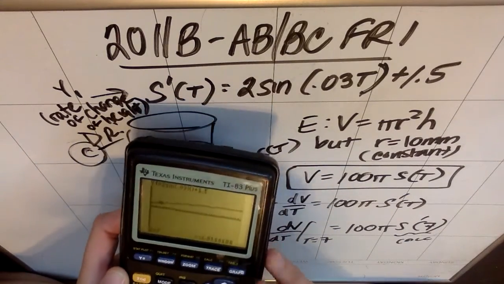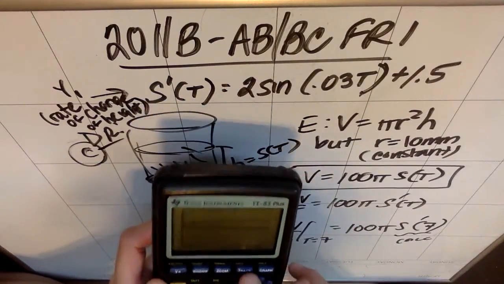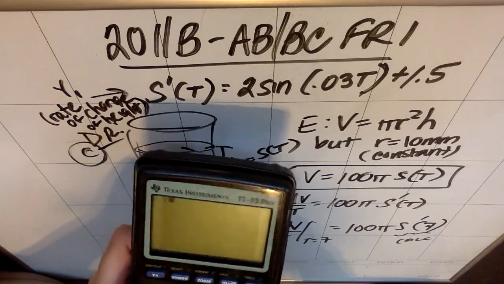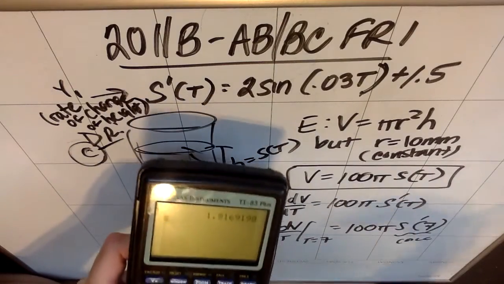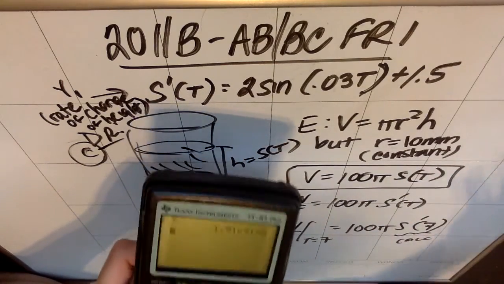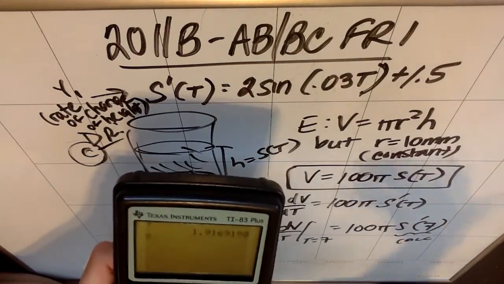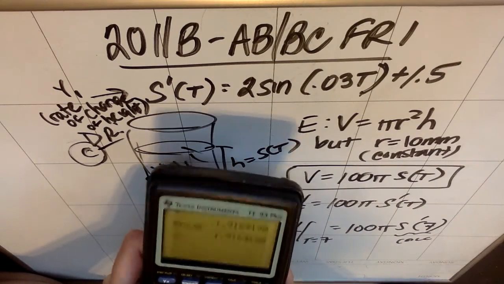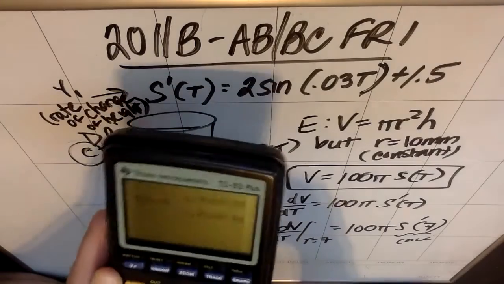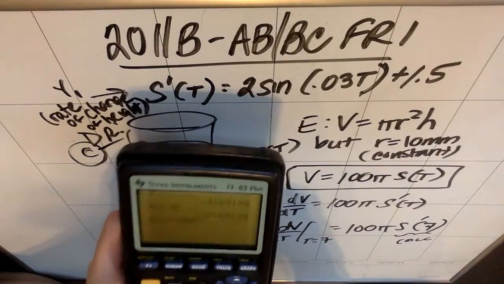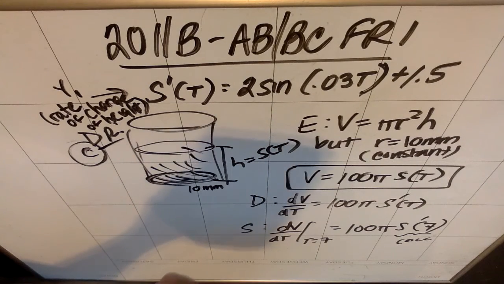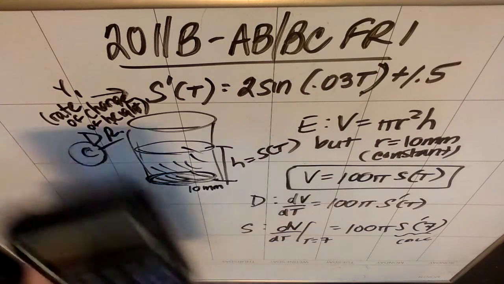So I can do a couple things. I can either just use y, because if you note, that's like a 1.91, etc., right? If I just hit alpha y when I quit out of there, you'll see that it's that number. So since I only need it for this one instance, I could just use y. Or if you're afraid that you're going to need it later and you don't want to accidentally overwrite the y, you could hit store and call it, let's say, alpha B, right? So either way, I'm going to times that thing by 100 pi, and I'm going to get 602.218, right?